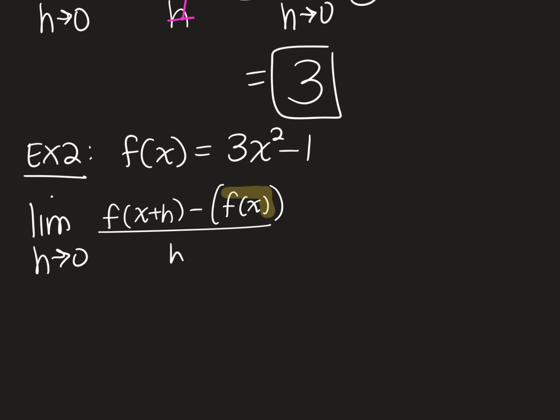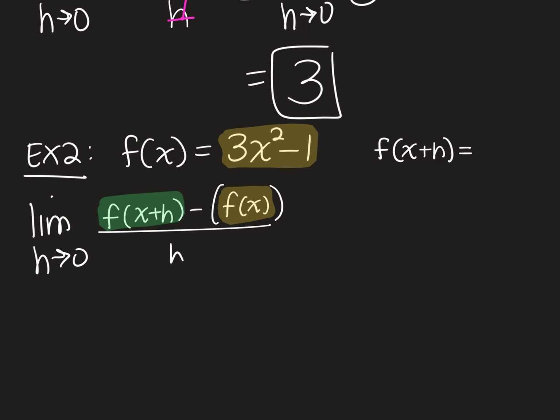I'm going to identify my pieces for this expression. So I know that f of x is this, 3x squared minus 1 now. I'm going to have to do a little bit of work to figure out what f of x plus h is, and we'll just do that off to the side. So f of x plus h.